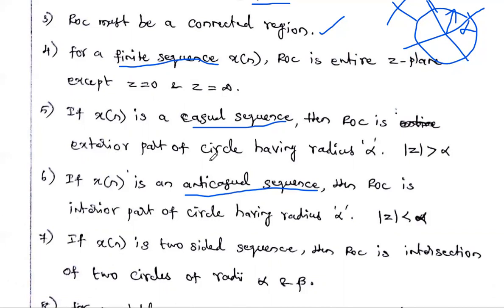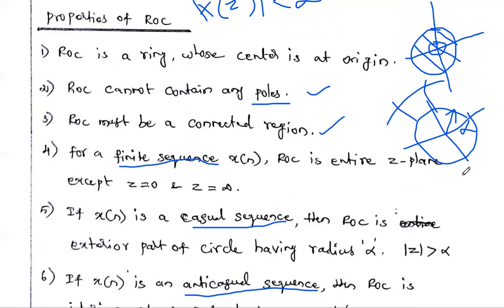These are examples of anti-causal sequences. For an anti-causal sequence, the ROC is the opposite, that is, the interior part of the circle having radius alpha. For the causal sequence, the outer part is the ROC; for the anti-causal sequence, the inner part of the circle, within the region, is the ROC.